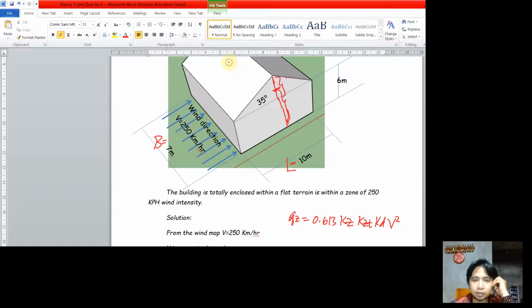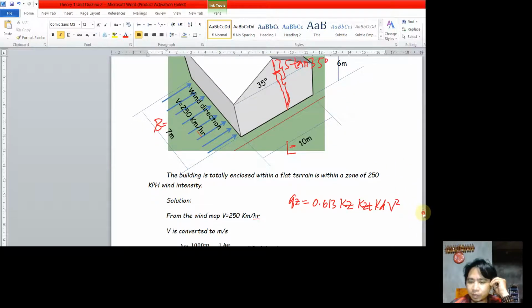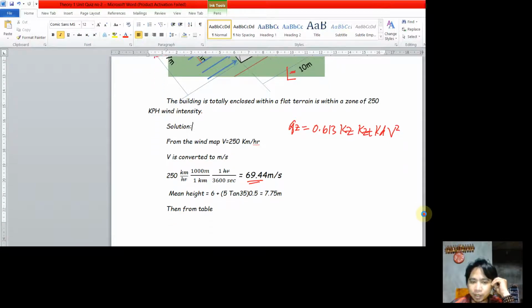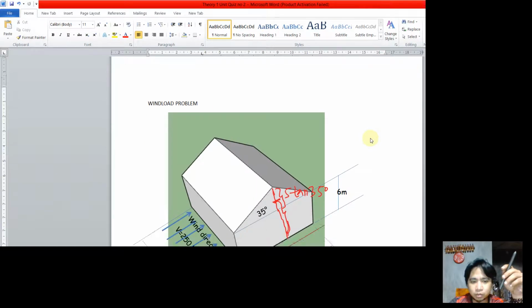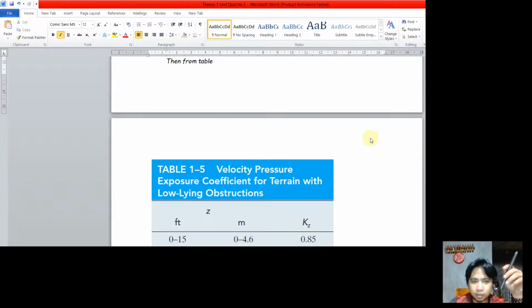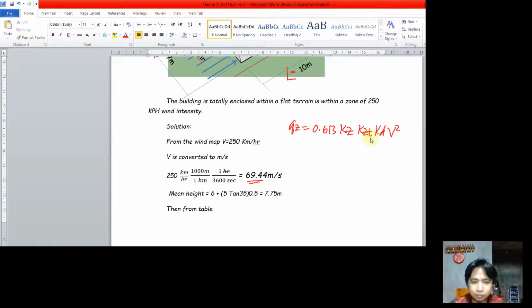This is 5 tangent of 35 degrees, using the tangent function. Therefore 6 plus 5 tangent 35 degrees for the mean height, and that would yield to how many? 7.75. So it will yield to 7.75 for that one.